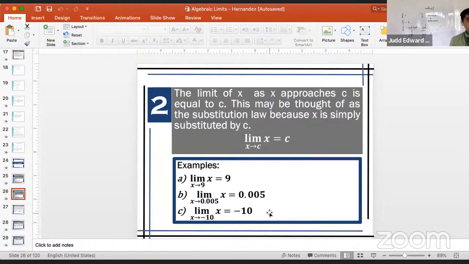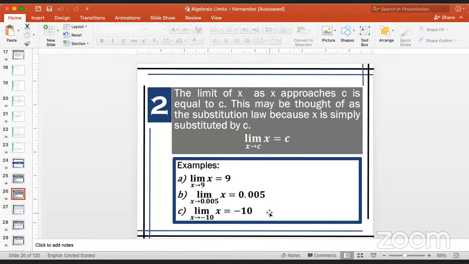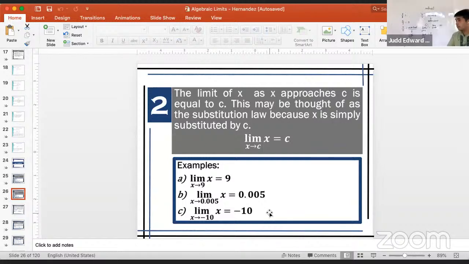Whatever value of the variable that you have, for example, the limit of y as y approaches 1,000 is what? Sige nga po, what is the limit of y as y approaches 1,000? 1,000. 1,000. Okay? Since this is a substitution theorem, all you have to do is to substitute the value of the approaching limit to the value of the variable.